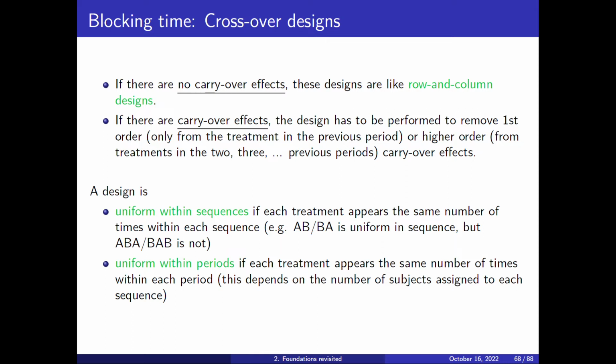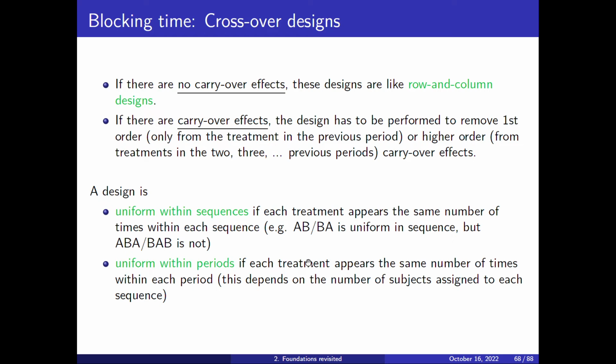A design is said to be uniform within sequences if each treatment appears the same number of times within each sequence. For instance, AB or BA is uniform in sequence, but ABA or BAB is not, because here B appears twice while A appears only once. And the design is also said to be uniform within periods if each treatment appears the same number of times within each period.